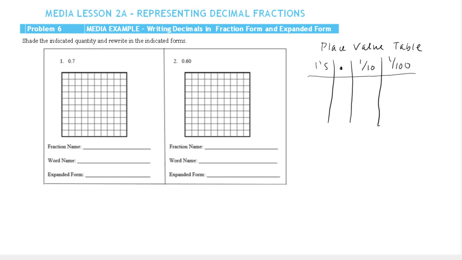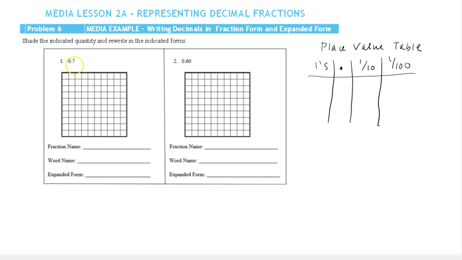Because 0.7, once you understand that means 7/10 or 7 orange strips or 70 out of 100, once you have that understanding and you connect all those ideas, 0.7 can have meaning. If all you know is 0.7 and you don't understand what it means, then you're going to have trouble understanding decimals. So let's write this, shade this, and write this in different ways.